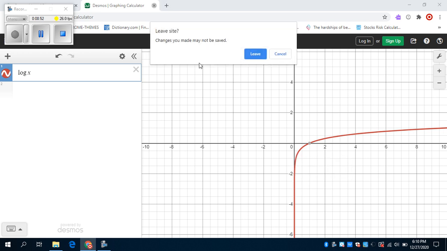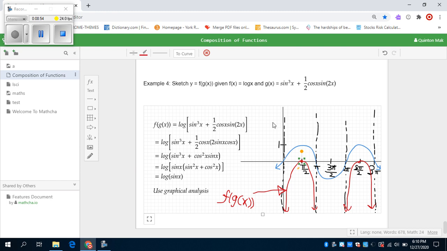Now this is one cycle of the logarithm of a sine function, and then you can just repeat it for each period of 2 pi, but note that there's nothing here.